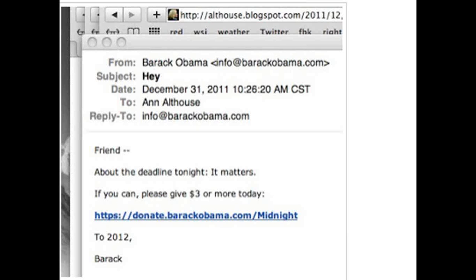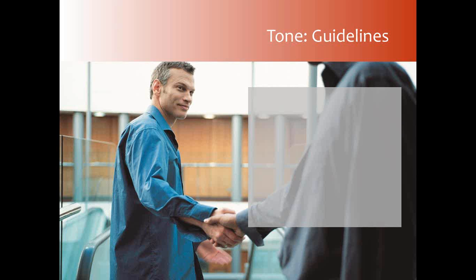So what you're seeing in all three of these examples, and what the email writing team talked about, their lessons learned, were that when they were writing emails, they wanted to make sure it was friendly. So it came from a person.